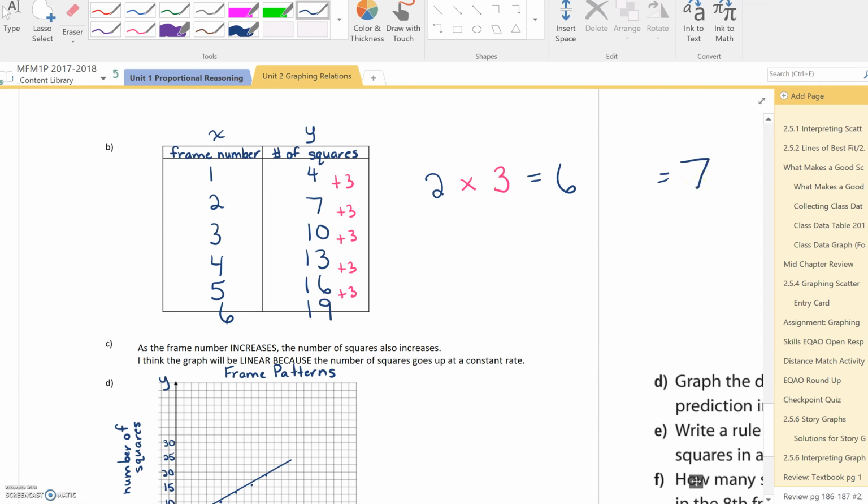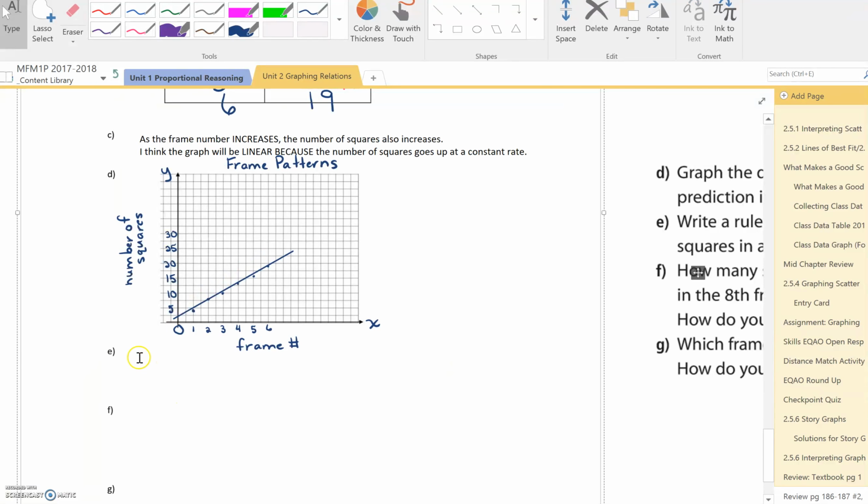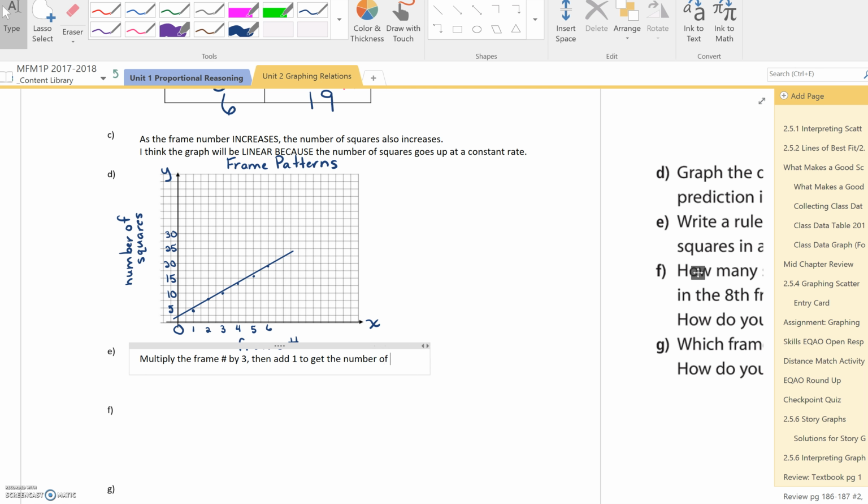So 2 times 3 is 6. And then what can we do to 6 to get to 7? Well, we can add 1. So the general rule here is we multiply the frame number by 3, and then we add 1. So we're going to write that down, and that's question E. So for question E, multiply the frame number by 3, then add 1 to get the number of squares.